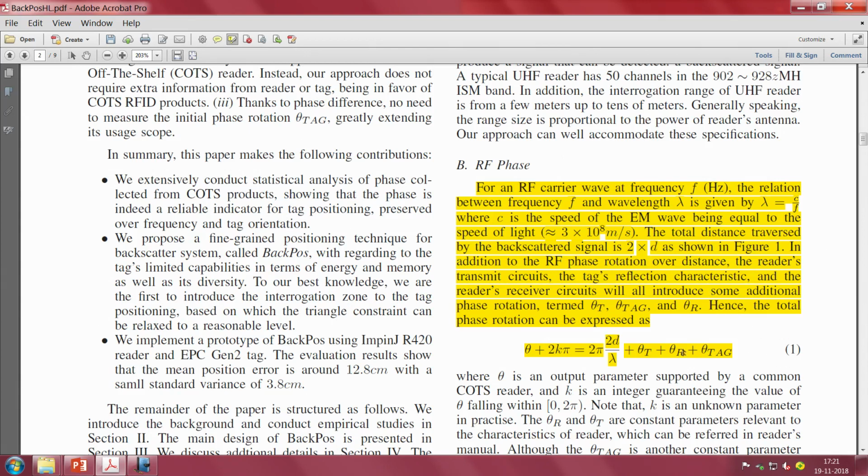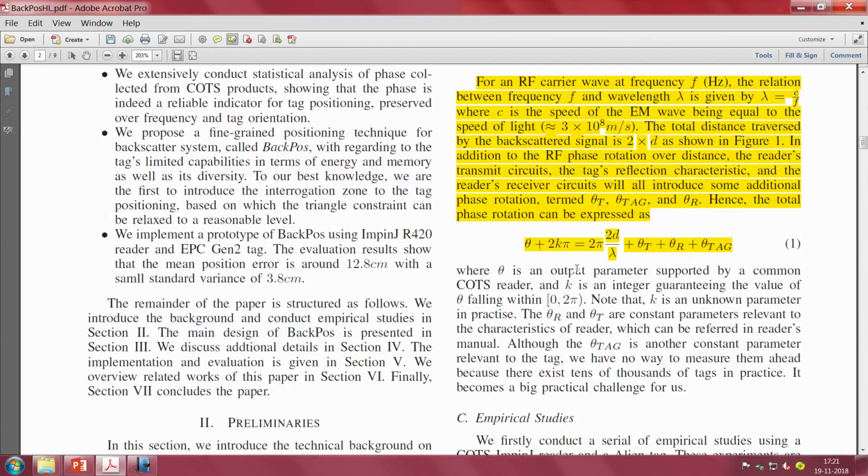So, all of this will have to be expressed in some form, and you can see that this indeed is the simplest way that one can represent. Let us look at this expression theta plus 2k pi. This is the phase you should get between the tag and the reader. That is the left hand side.